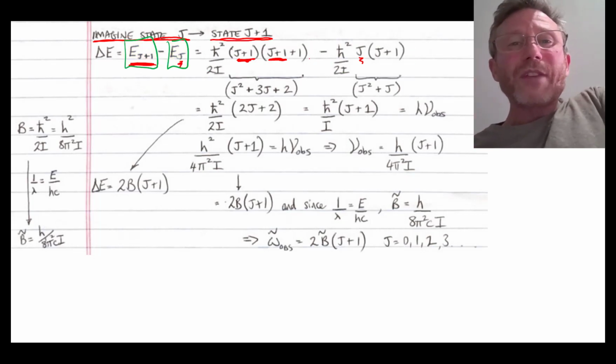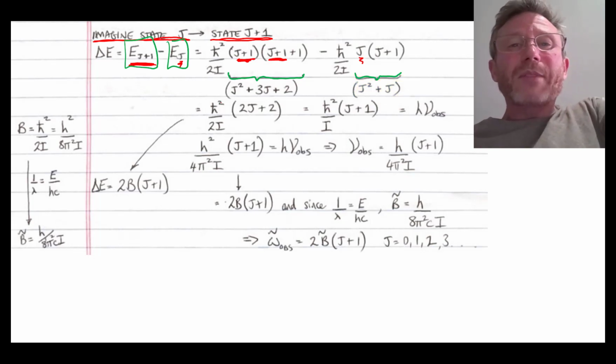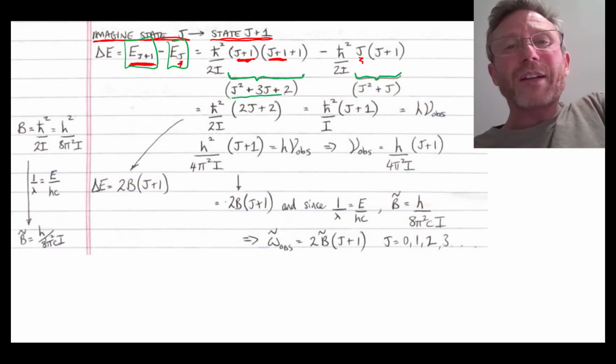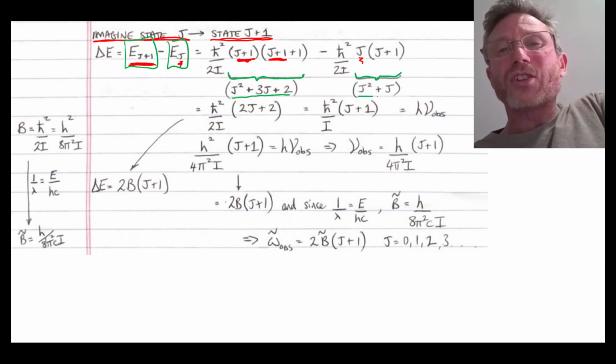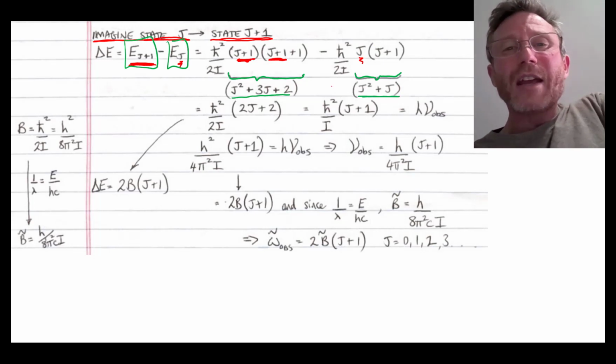And so what I've done underneath is I've just expanded these brackets, and what you'll find is that when I expand the brackets for the term on the left, it's J squared plus 3J plus 2. When I expand the brackets on the right, it's J squared plus J. Of course, now I'm subtracting these two from each other, that's the minus sign in here.